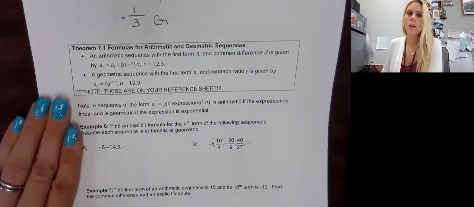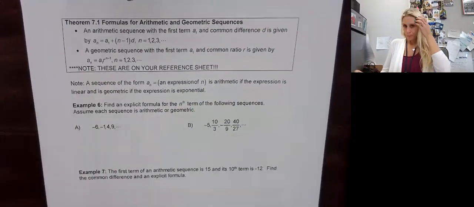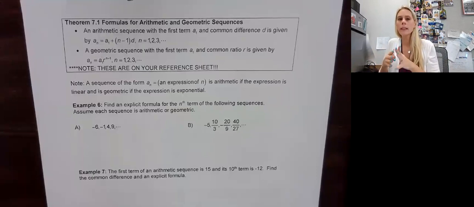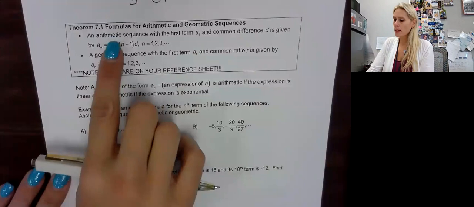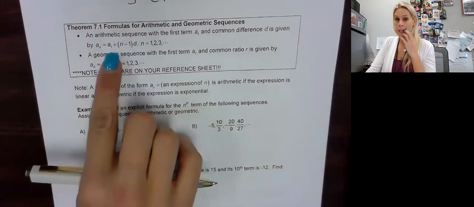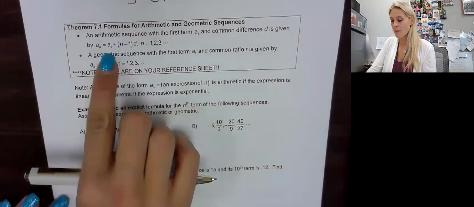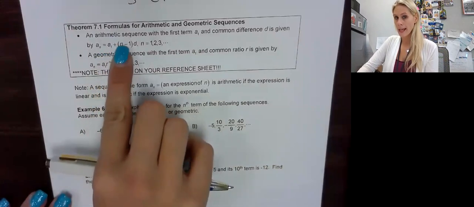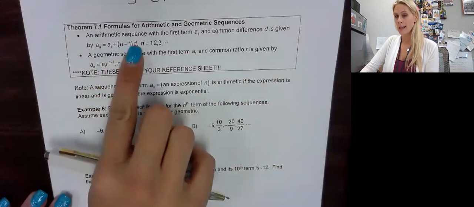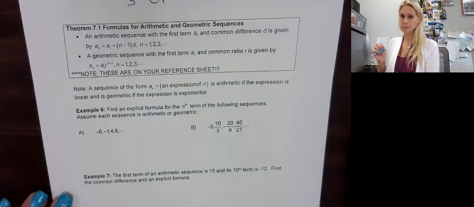Ta-da. Okay, formulas. So a couple things when we talk about making the equation the explicit formula. We have to remember that arithmetic is going to look like this. Any term can be evaluated by taking the first term plus n minus 1 times the common difference.